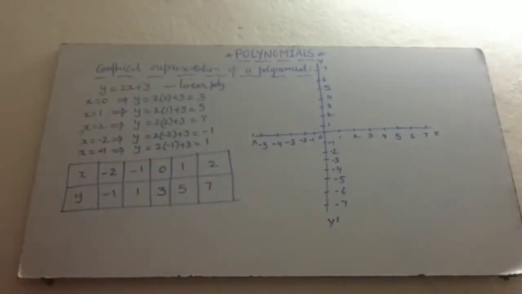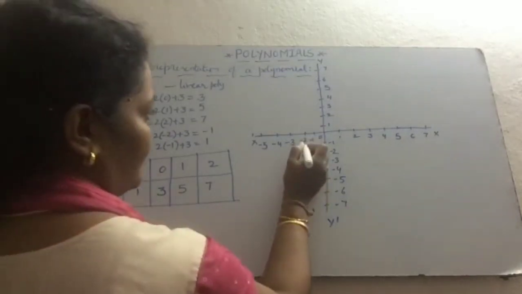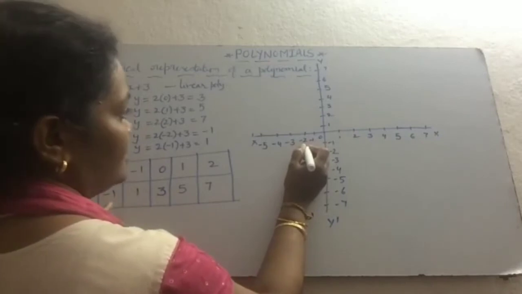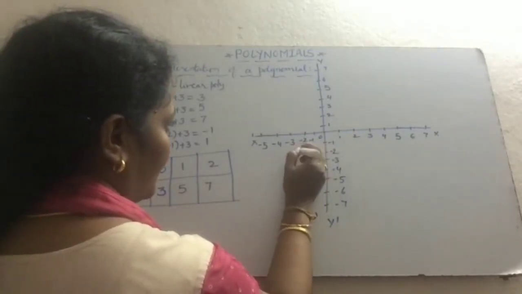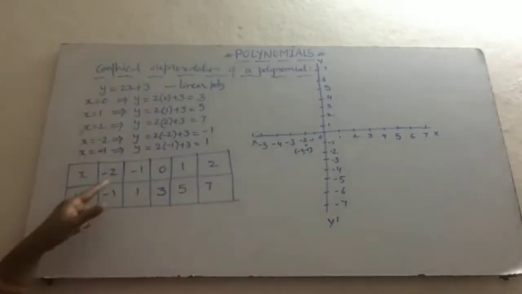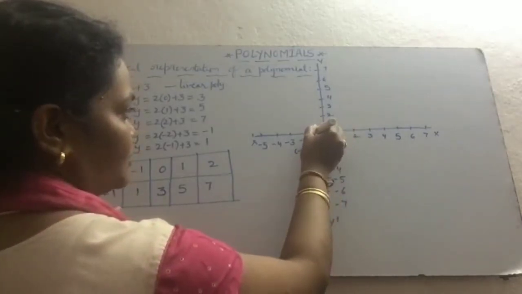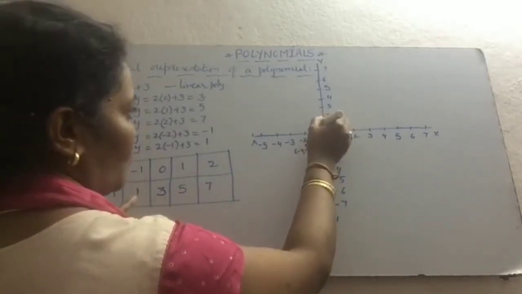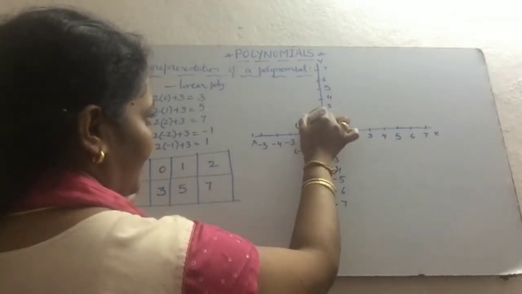Now -2 comma -1. X is -2, that is here -2, and y is -1. So here the point is -2 comma -1. And next -1 comma 1. X is -1 and y is 1. So here this is -1 comma 1.